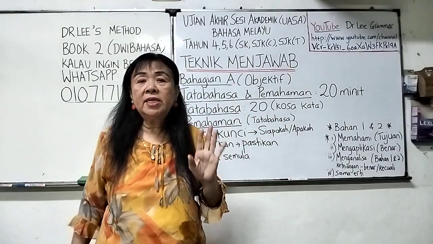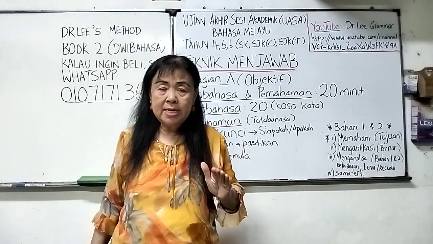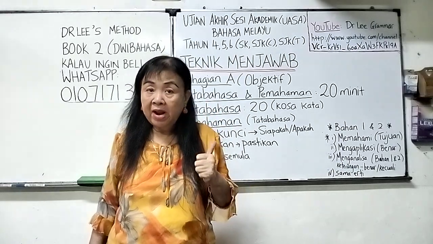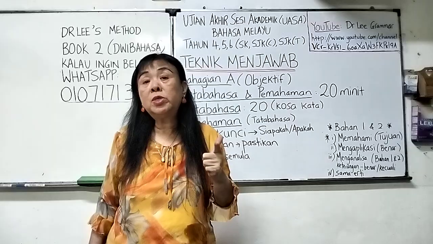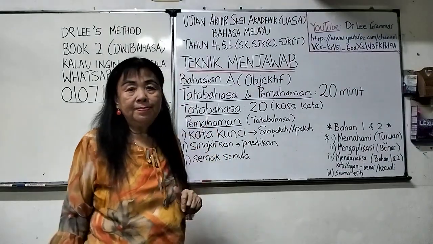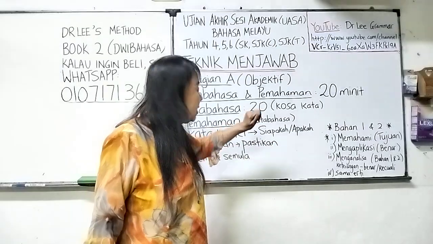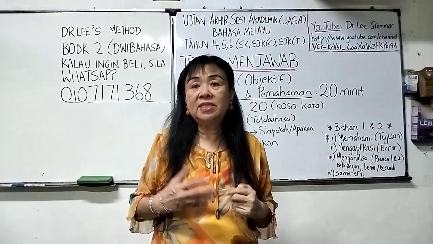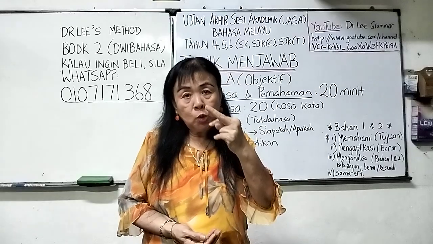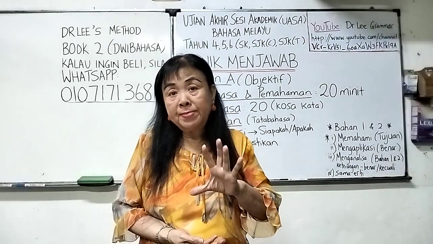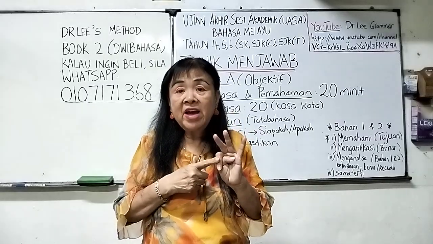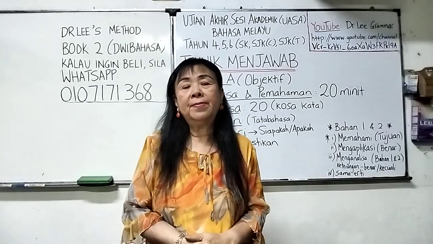You know that bahagian A is objective, A, B, C, D. And bahagian A is tata bahasa, or grammar, and pemahaman, which is comprehension. Now, for tata bahasa, if you can see, I have written 20. What does it mean? 20 means there are 20 types of grammar, or tata bahasa, that years 4, 5 and 6 must know.